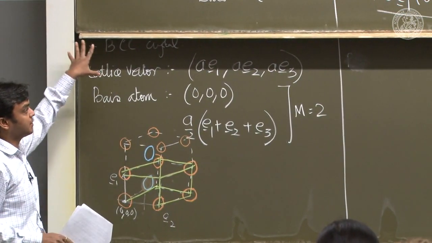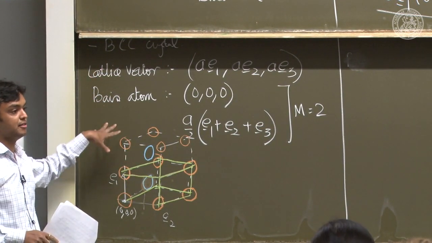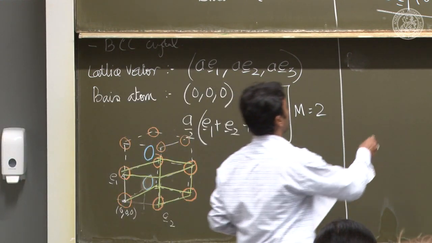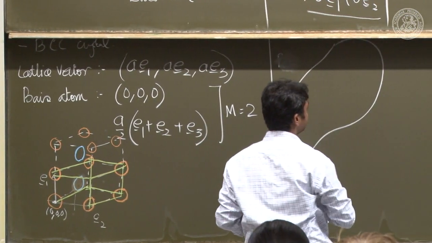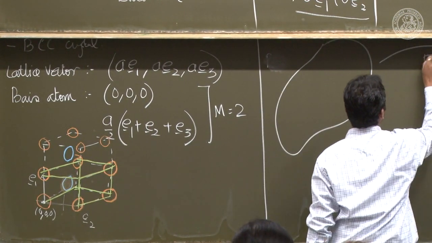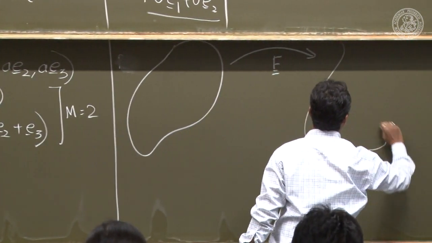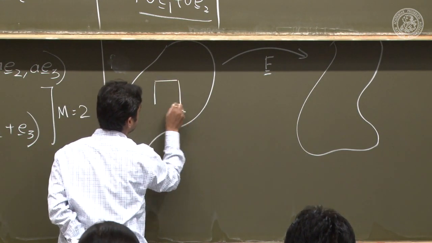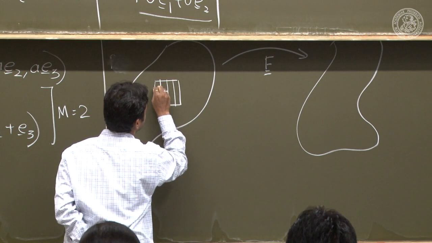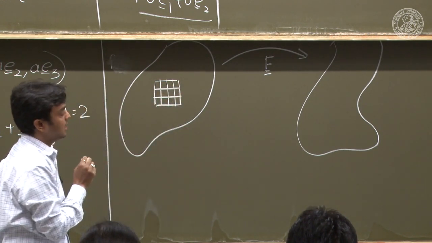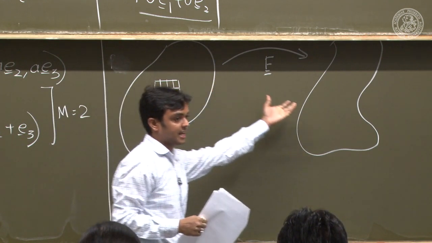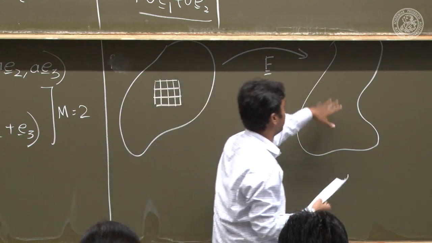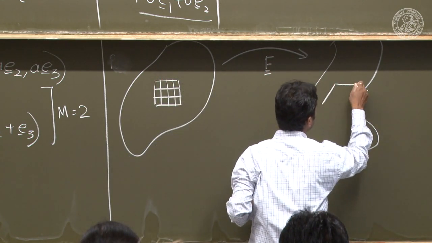So this is the crystal that is formed in the undeformed state. There is no deformation that I have applied. If I look at my body and deform it via F, and the crystal orientation is like this, I find that at the nanoscale the variation of this F is very slow.